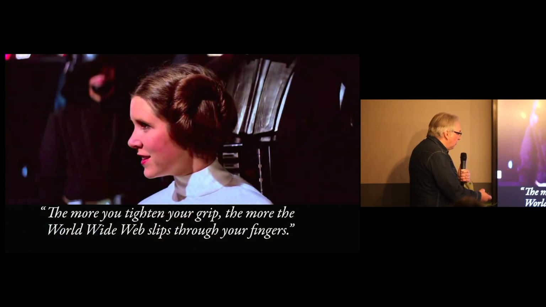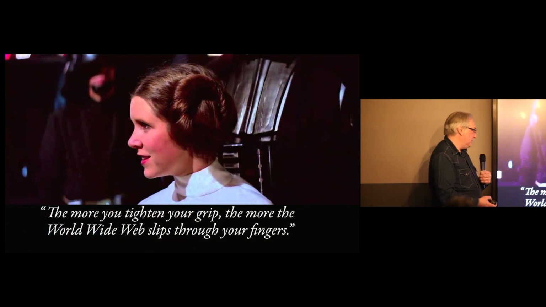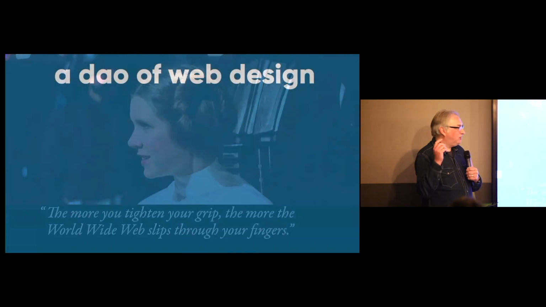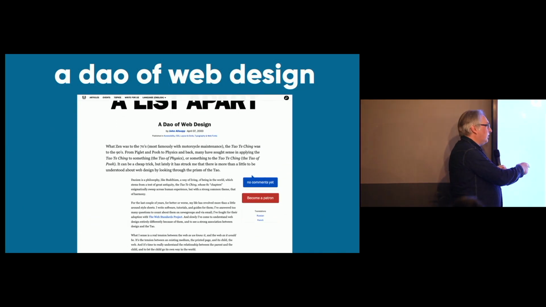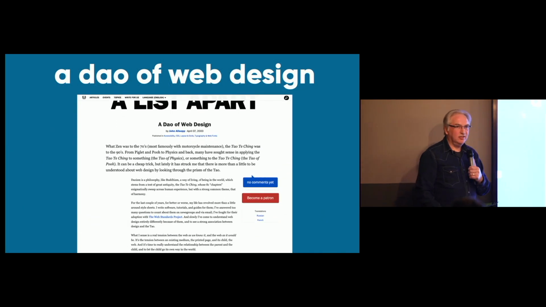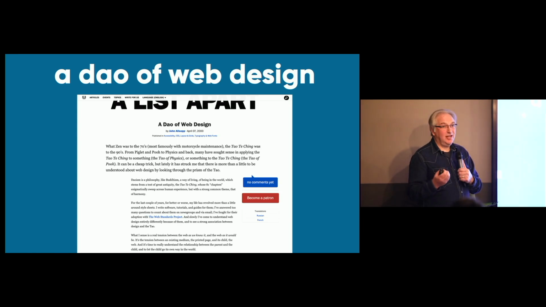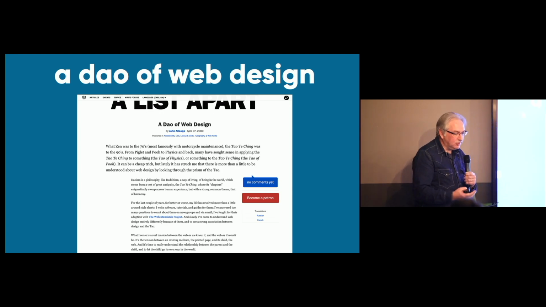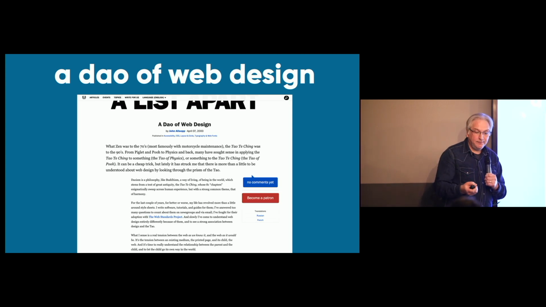To paraphrase the senator from Alderaan, the more you tighten your grip, the more the World Wide Web slips through your fingers. And some people have been saying this for a while, like back in 2000, John Allsopp wrote this article, A Dao of Web Design, on A List Apart. It still holds up today, all these years later. And it's all about letting go of control, rejecting assumptions about devices and browsers and networks and people.